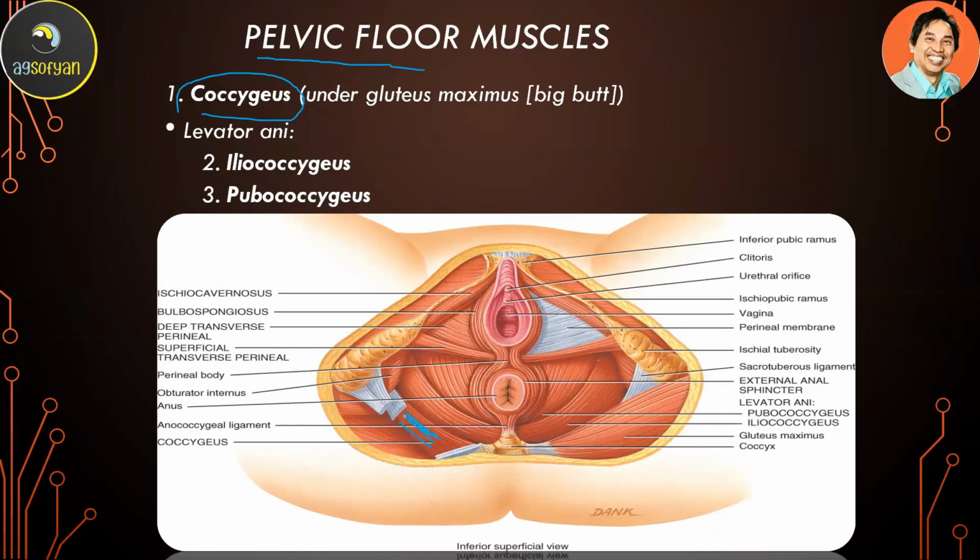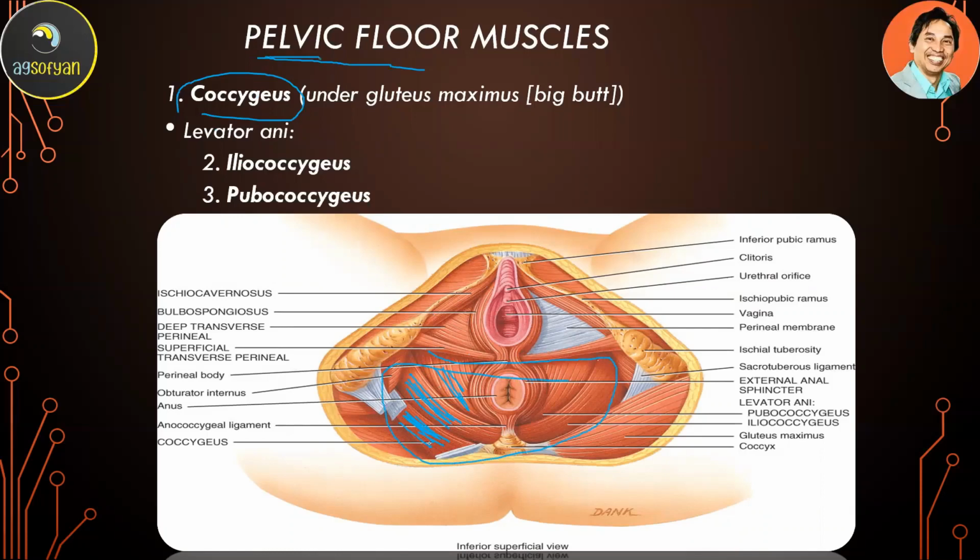So this is the coccygeus muscle and the floor. And the next one is this one, the iliococcygeus muscle. And the last one is this. Okay, so these are the muscles that make the floor in the pelvic area.